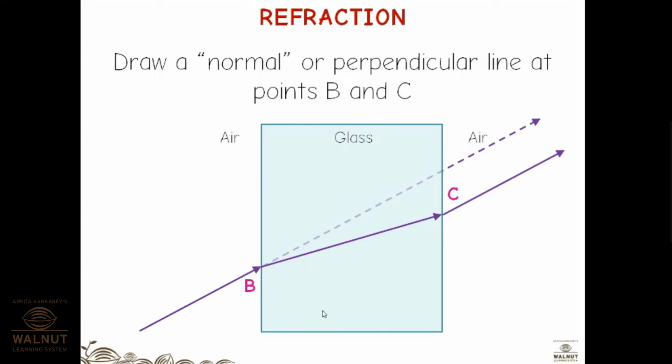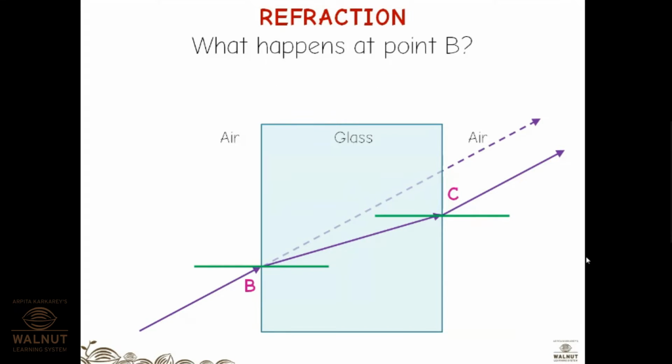Now, if you try to draw a normal, what is a normal? A perpendicular line at points B and C here. What can you see? What is happening at the B point here? Can you tell me now? This is a normal. This is a green line. This is a perpendicular line which we have drawn on both the points. How is the ray of light here?